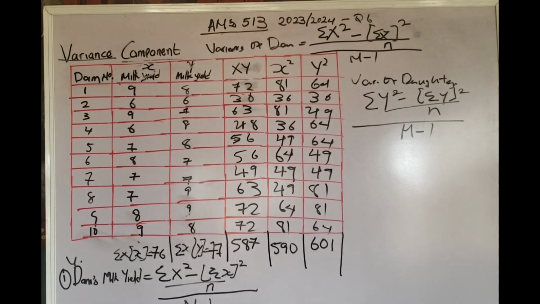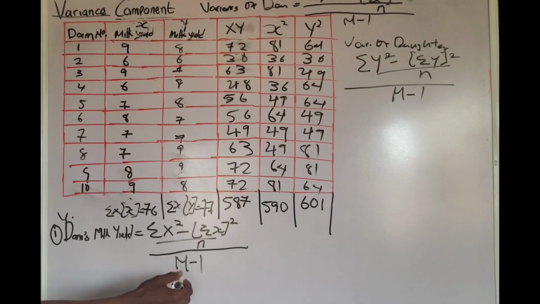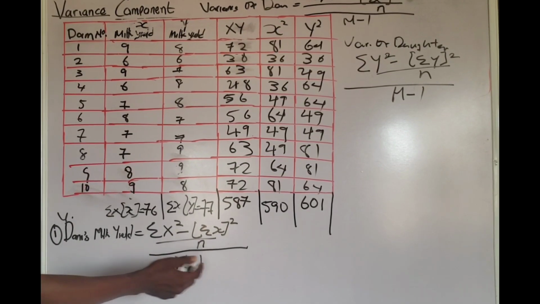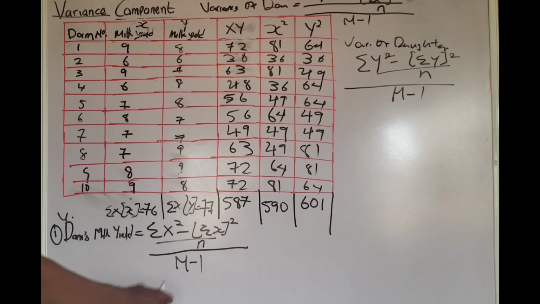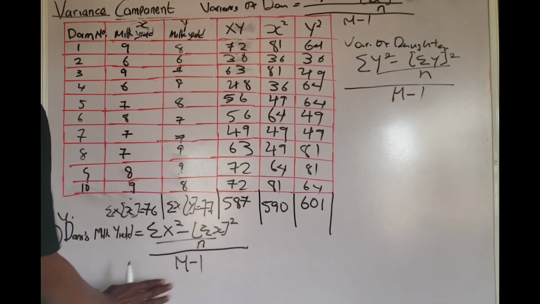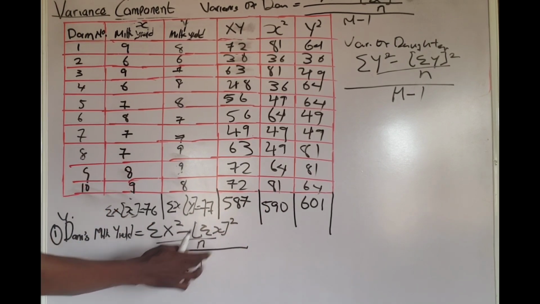Do not forget, this n is also the same. The n means number. You just represent it as big and small, they are the same. Okay, sir. You don't need to worry about the small letter n or capital letter N.